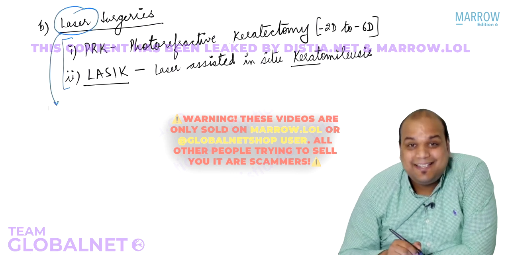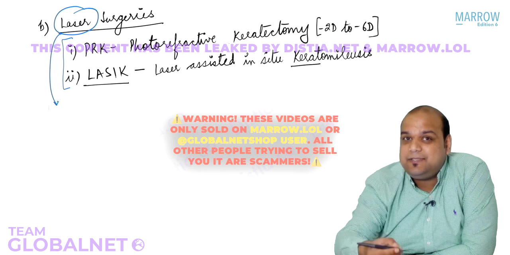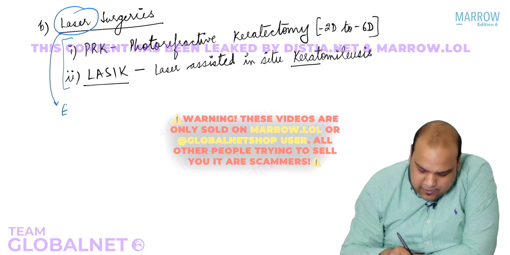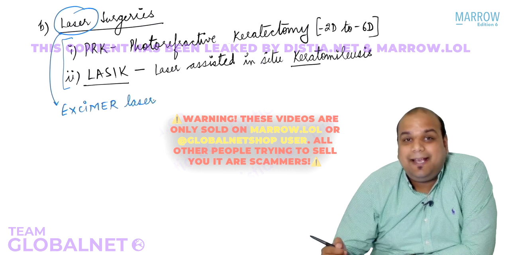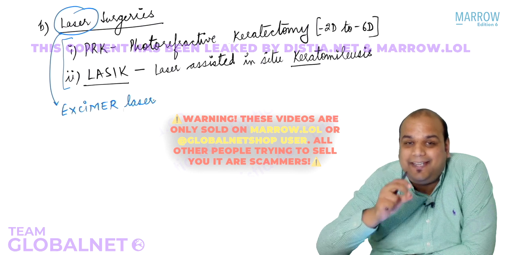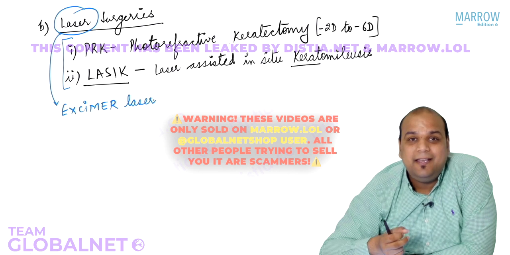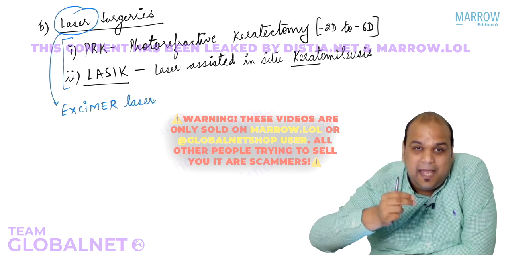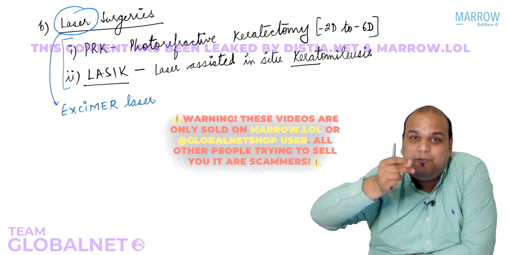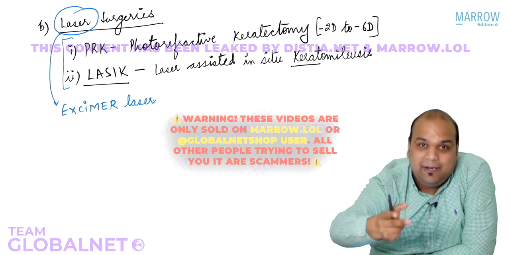So, which laser is getting used? Which laser is getting used, everybody? So, the laser which gets used is excimer laser. Excimer is the short form for excited dimer. If you remember a little bit of your chemistry, guys, one atom can be given energy and jump from a lower orbit to a higher orbit. Yes?